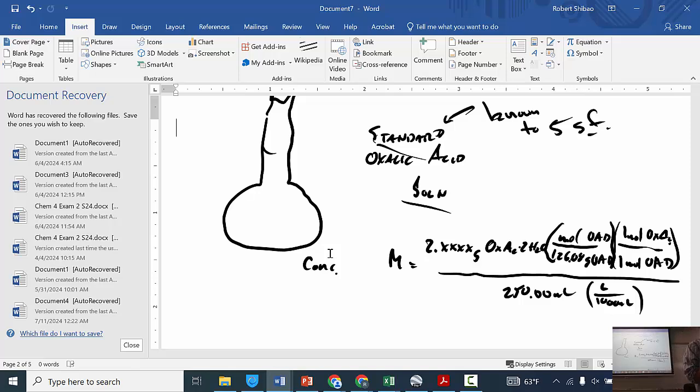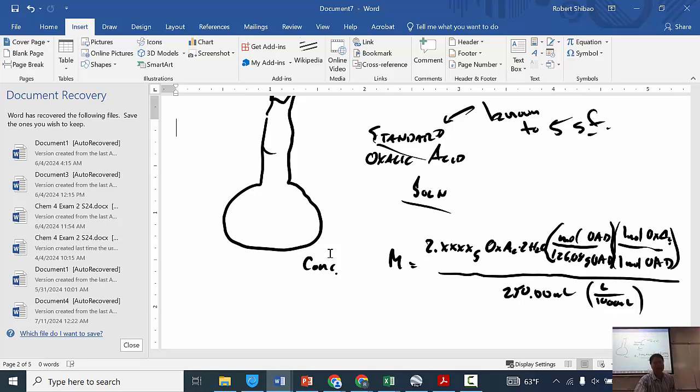Anyway, as a check, how wide is your spread between the smallest volume that you used and the biggest volume that you used? We like to get this kind of precision.